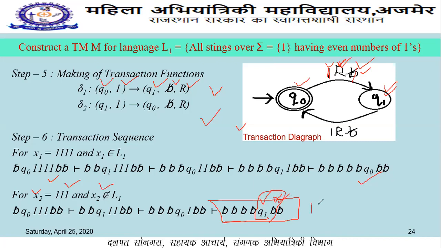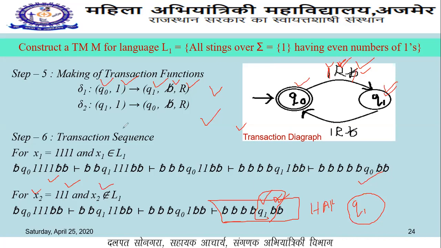For this situation we don't have any transition function. We have q1 and 1, but we have no choice when the machine is in state q1 and reads blank. So this is a halting situation, halting at a non-final state, that is q1.